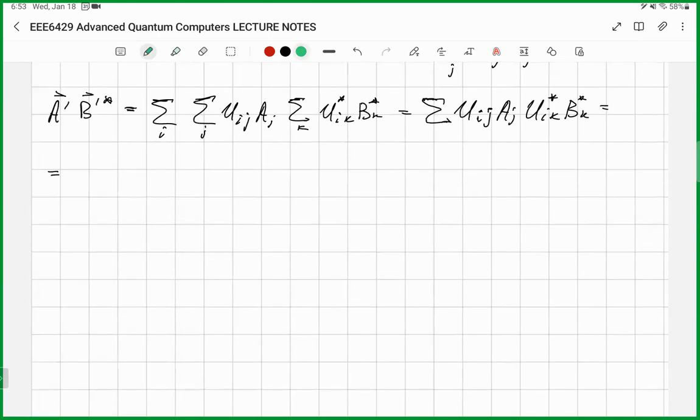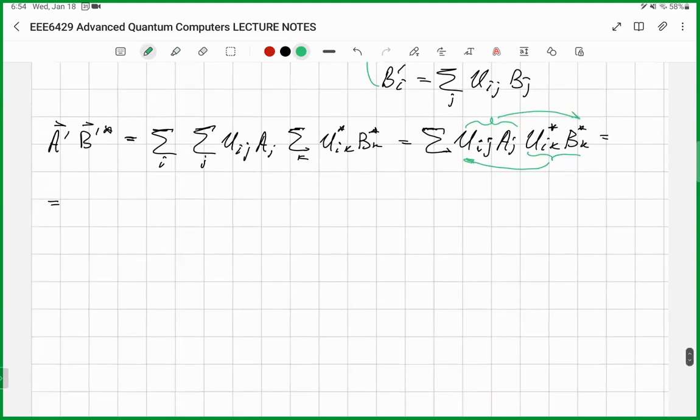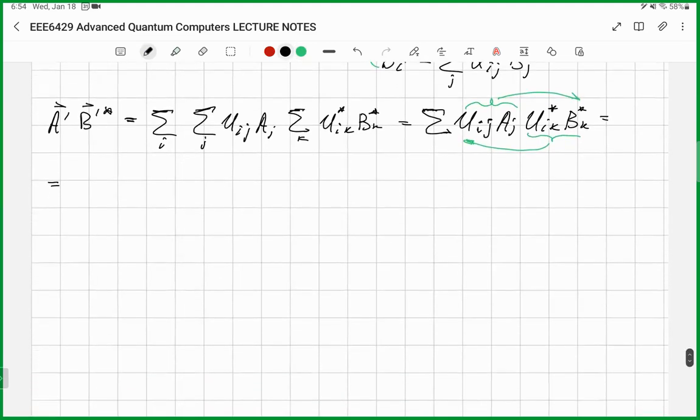So now let's exchange the positions of these two. I have these two products of operator U with the A and B vectors. Let's put the second one in the first place and the first one in the second place, and rewrite this as follows.